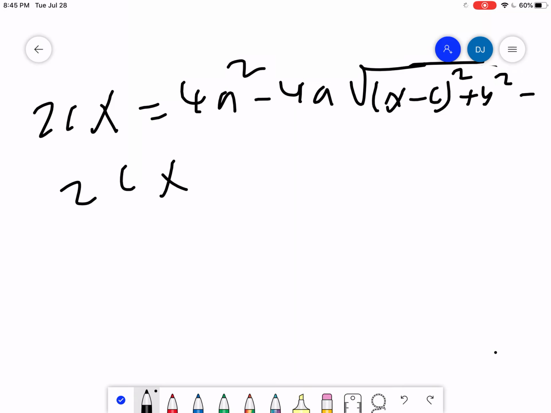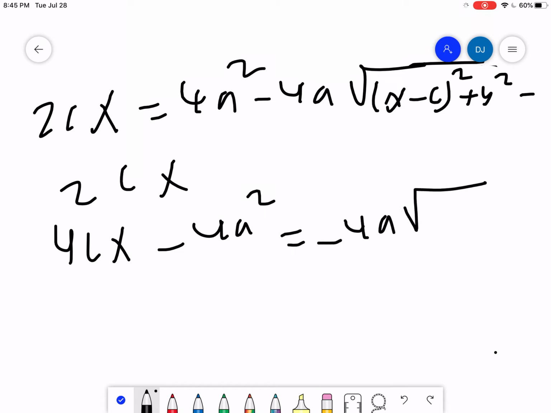And then if we combine like terms again, we get 4cx minus 4a squared is equal to negative 4a radical x minus c quantity squared plus y squared.